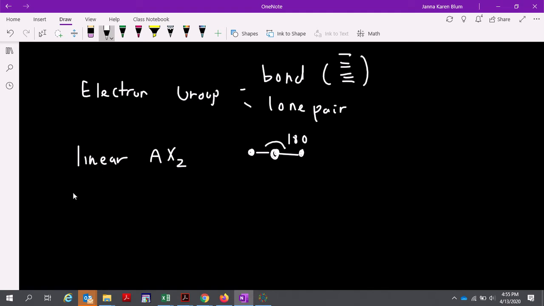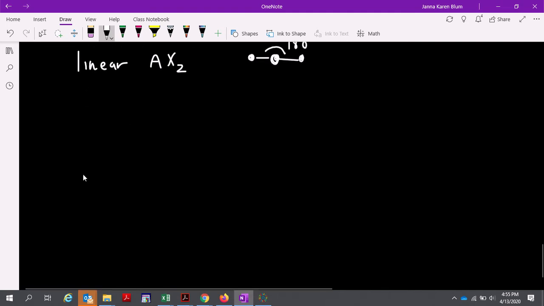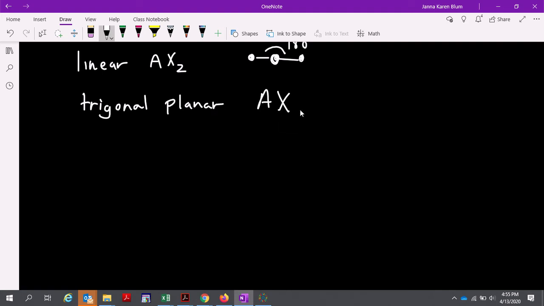But it does start to matter if I start to look at something like trigonal planar. So let's look at trigonal planar. It's the general formula AX3.